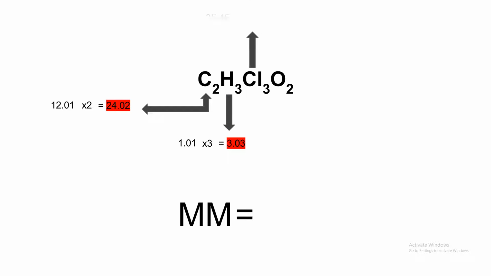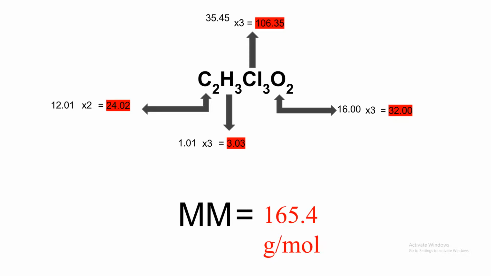For Cl, we'll use 35.45, multiply that by 3, because there's 3 moles, and we'll get 106.35. And finally O2, which will be 16 times 2, which will give us 32. And so the molar mass is going to be 165.4 grams per mole.